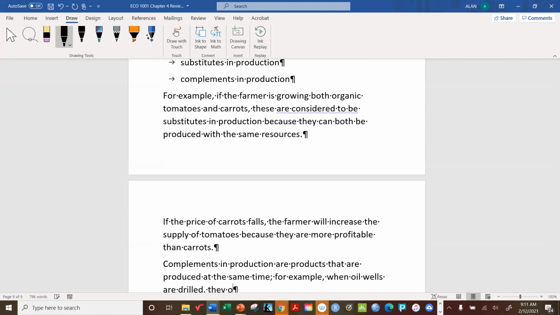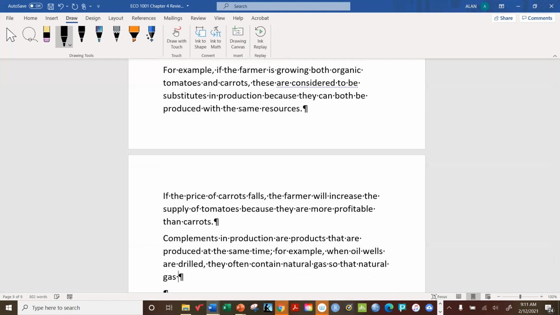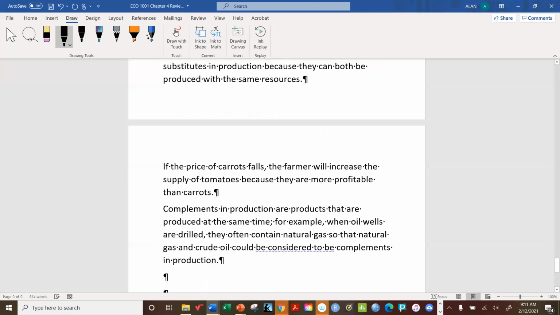They often contain natural gas, so that natural gas and crude oil could be considered to be complements in production. So in other words, when you drill for one, you drill for the other.